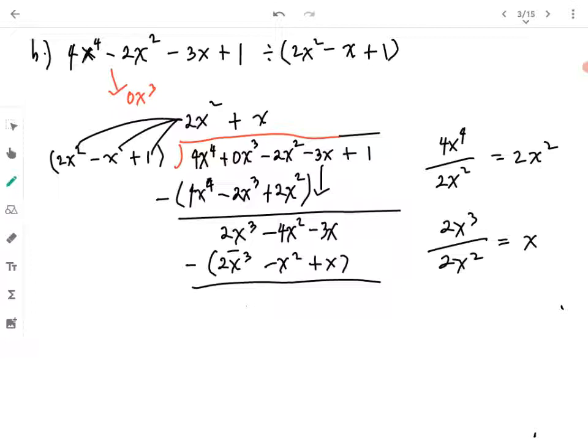The left will become 0. So negative 4x squared minus negative x squared becomes positive, so it becomes negative 3x squared. Then negative 3x minus positive x becomes negative 4x.